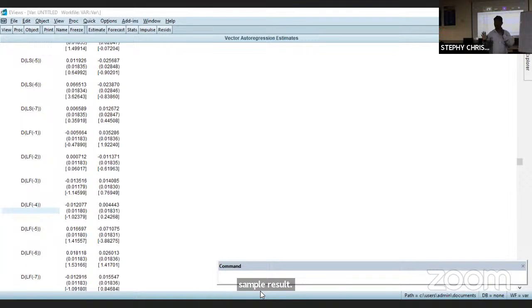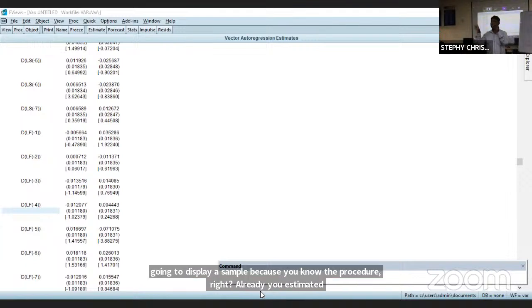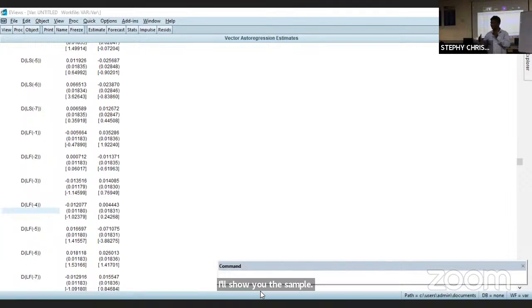Here I'm not going through the procedure, because you already know it and have estimated it. Just explain the result, convey the outcome to me.